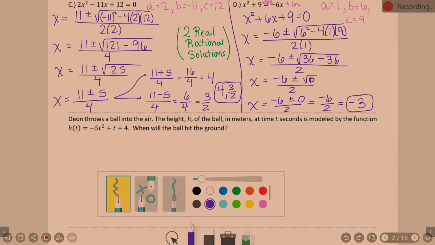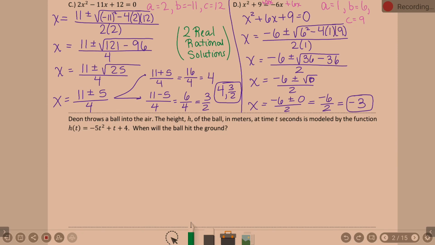Now, we had an oddity happen here, didn't we? All along today, we've had 2 solutions. What do we have now? 1. Just 1. Okay? That happens sometimes. What it is is a repeated solution. So these last 2 would have actually factored had we gone that way.